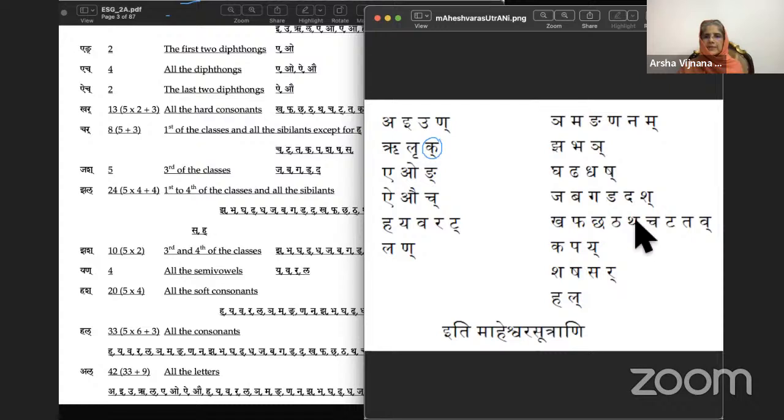Cha and char here. Char: the first letter of every group and all the sibilants except for ha. Ha is an honorary sibilant here, and so that's not included in the pratyahara char.